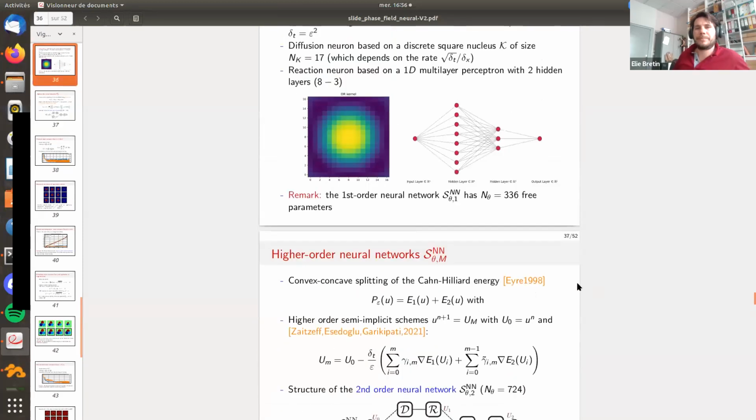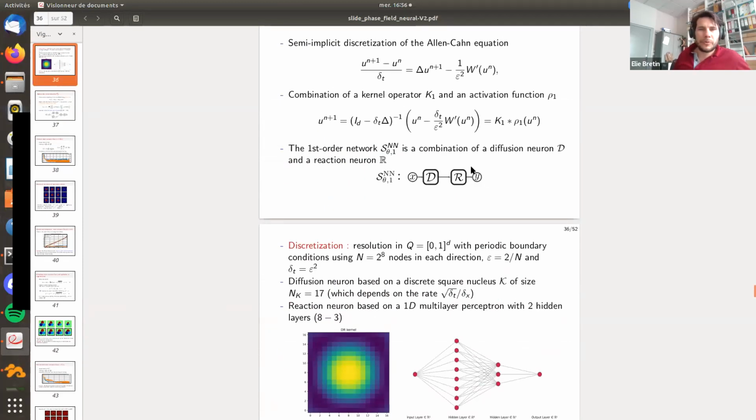In fact, the first neural network is just the application of a 1D function and then a kernel operator. If you consider this neural network, we see that we don't succeed in learning to reproduce the semi-group associated to Q prime, the non-oriented case.